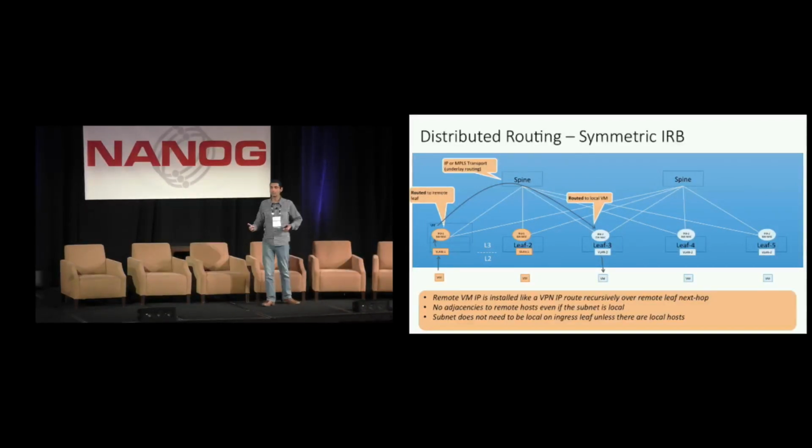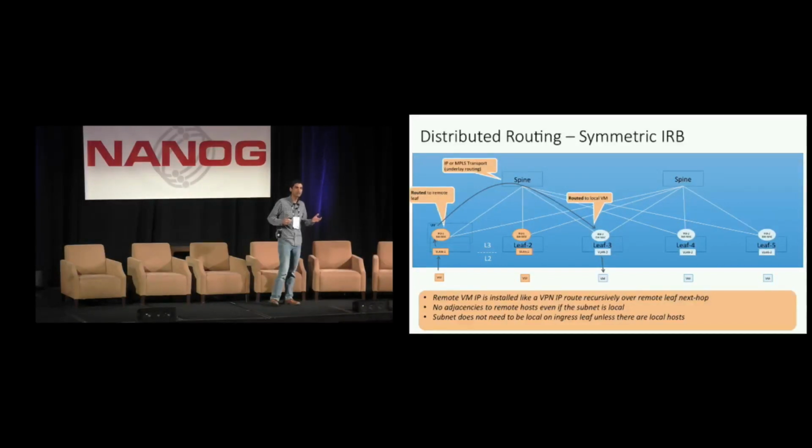So another way of looking at it is basically, instead of installing an ARP entry for a remote host in a stretched subnet or a stretched VPN overlay, I put a, much like an L3 VPN style, routing entry directly into the IPVRF that recurses over the egress leaf, which looks like a remote PE router to me, together with the L3 VPN encapsulation or L3 VPN label advertised from that remote leaf.